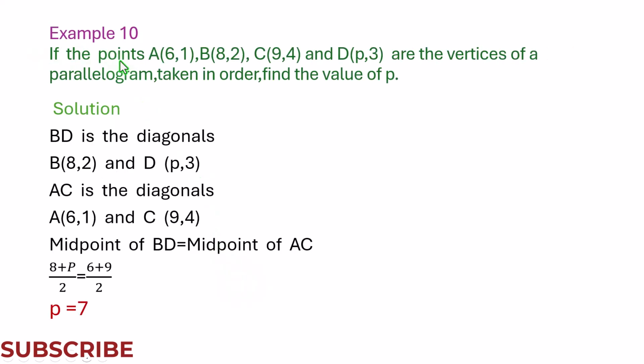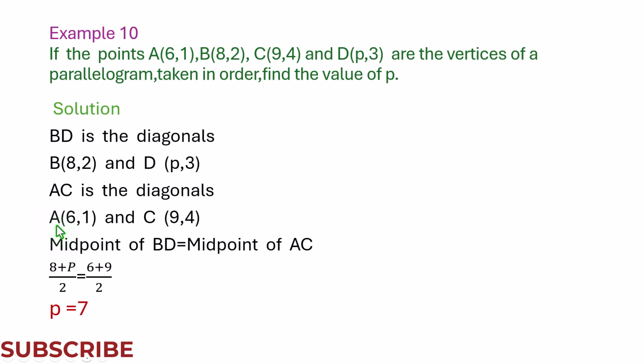Then the midpoint formula question: if the points A (6, 1), B (8, 2), C (9, 4) and D (p, 3) are the vertices of a parallelogram taken in order, find the value of p. BD is a diagonal and AC is also a diagonal. B is (8, 2) and D is (p, 3).